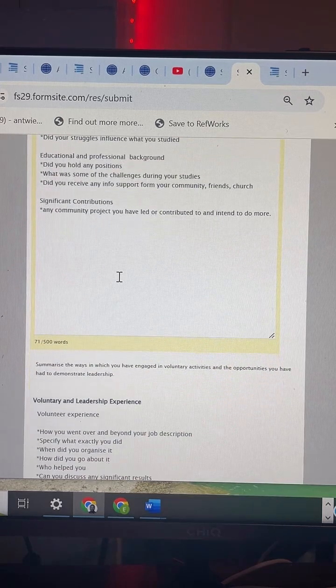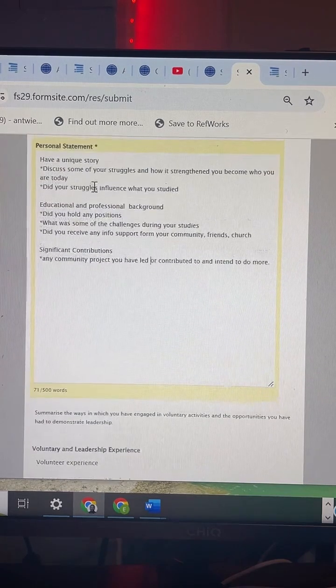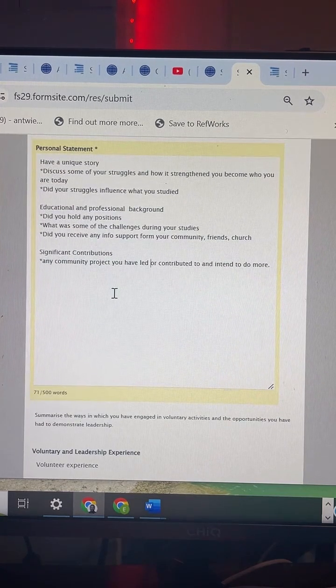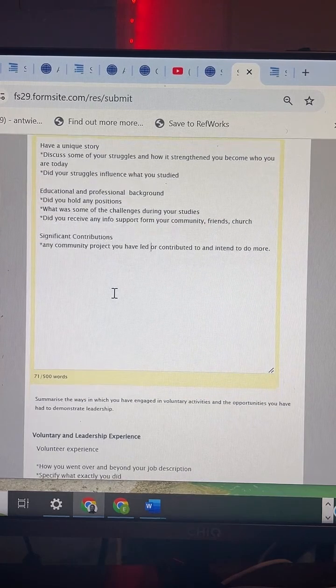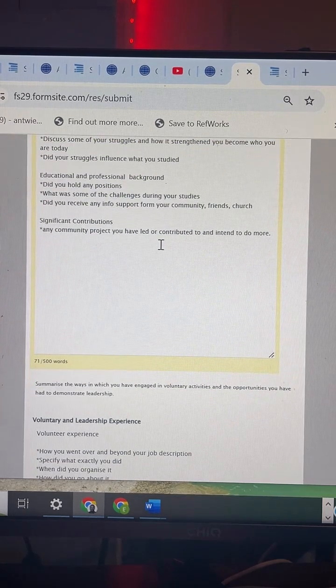And then you can also mention the significant contributions. If you have made any significant contribution, you can mention that and expand on it as well. Earlier, there was a question: how can we highlight what we've done if we've not done anything significant? Any significant contribution can stem from staging a conference for, let's say, 30 people, 20 people, 15 people.